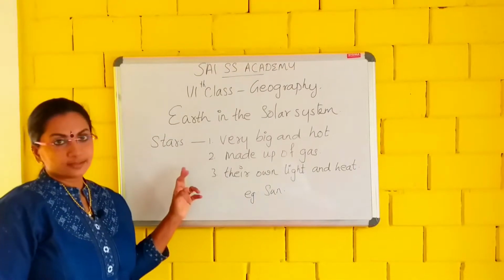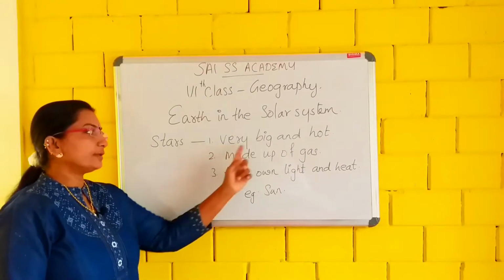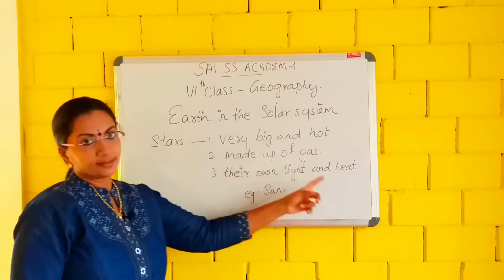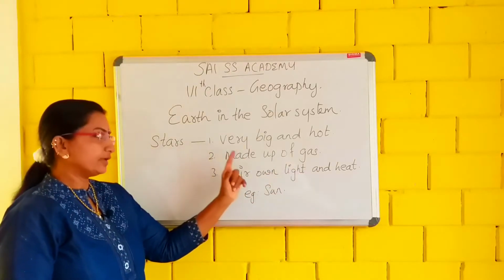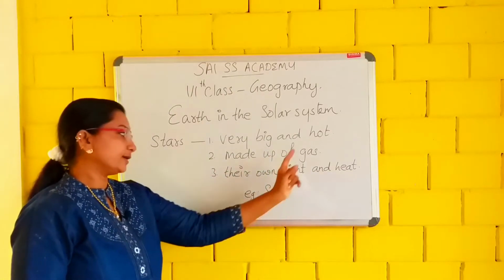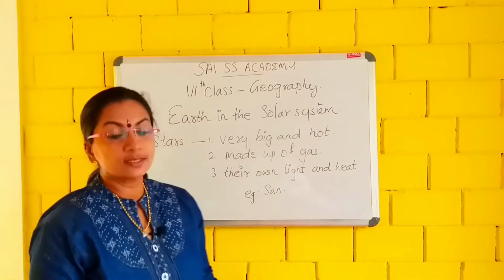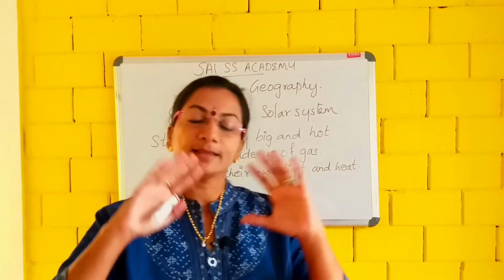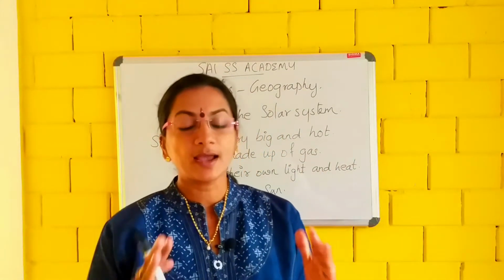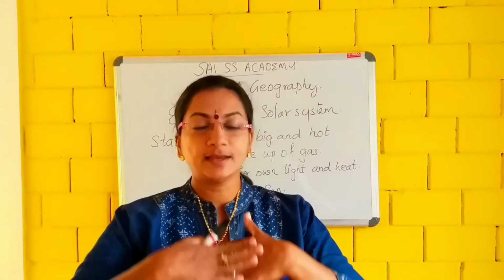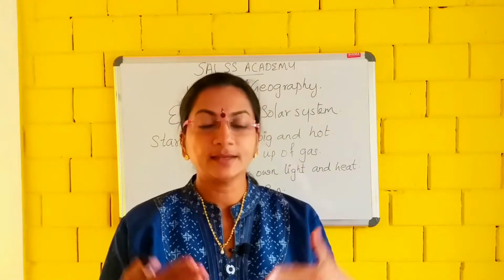Next, stars. Stars, 3 points: very big and hot, made up of gas, their own light and heat. What are stars? Stars are also celestial bodies and they are very big and hot and they are made up of gases, and the important thing is that they have their own heat and light.